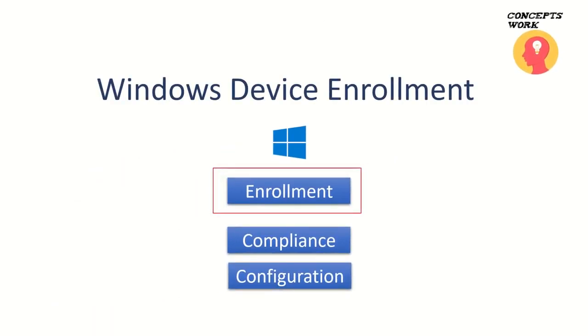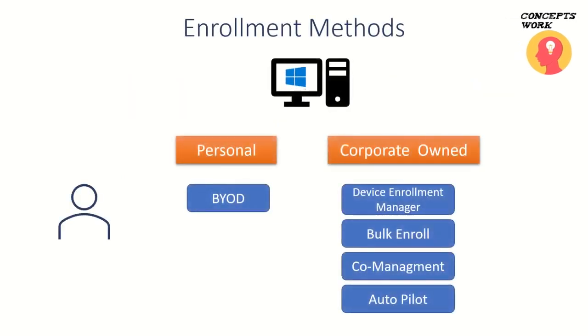As I'm talking about Windows, the device which you are trying to enroll can be personal or corporate owned. If you are enrolling your personal device, then the enrollment method will be BYOD.